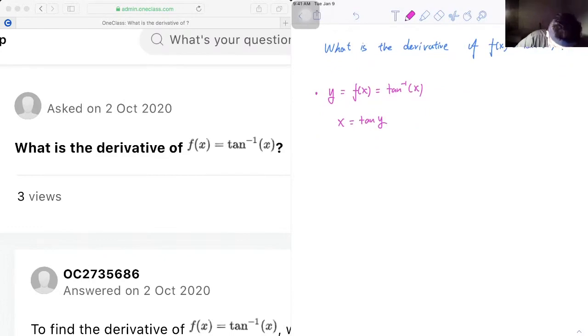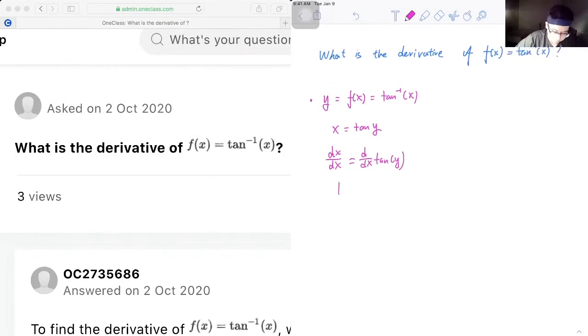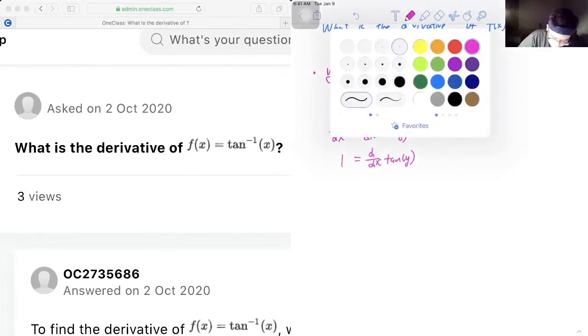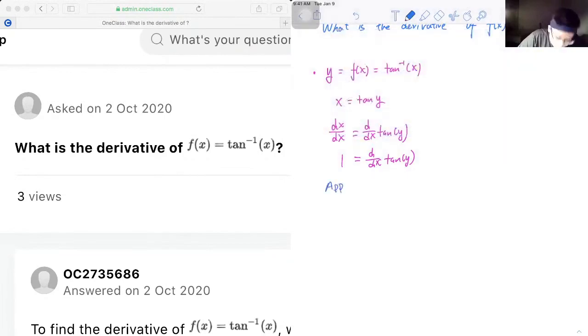We will have dx/dx, which is just going to be 1, and that's going to be equal to d/dx of tangent y. Now we need to apply the chain rule for derivatives.